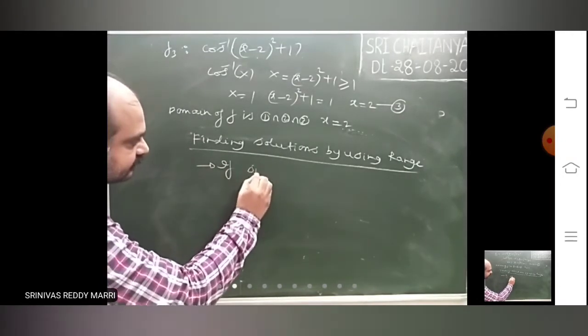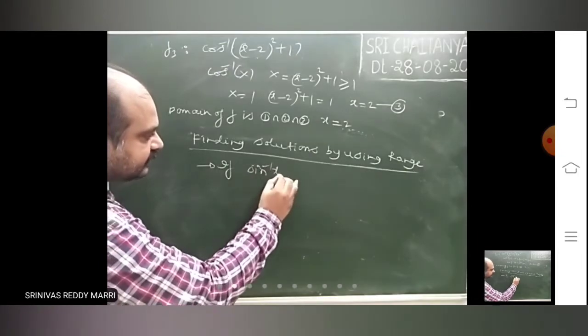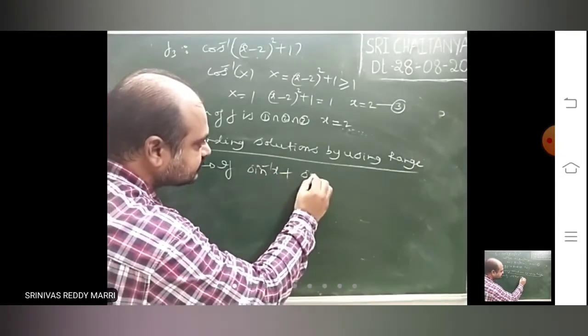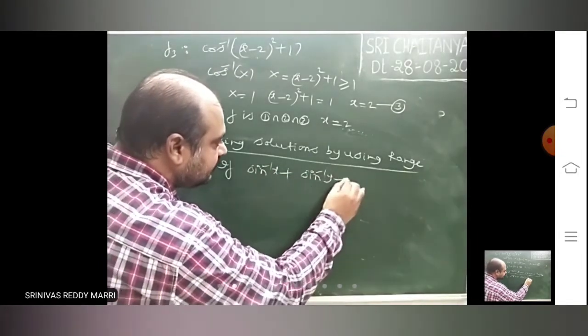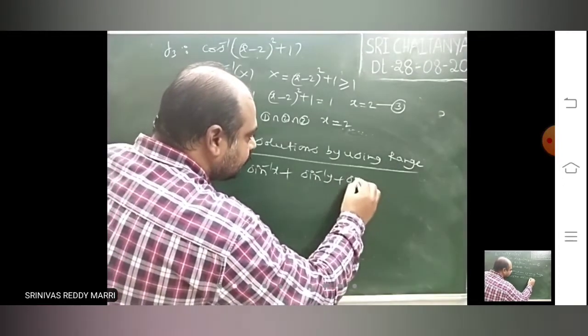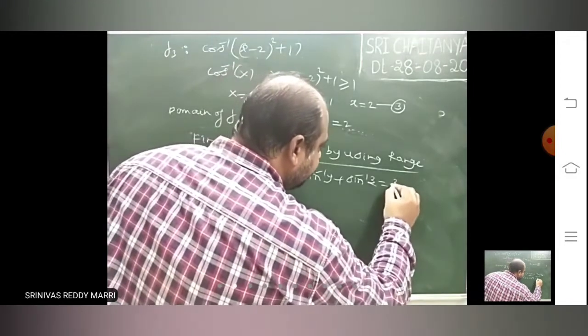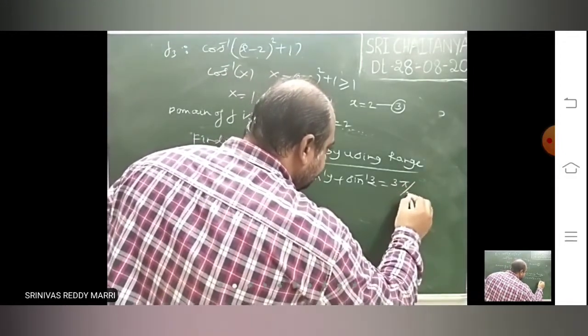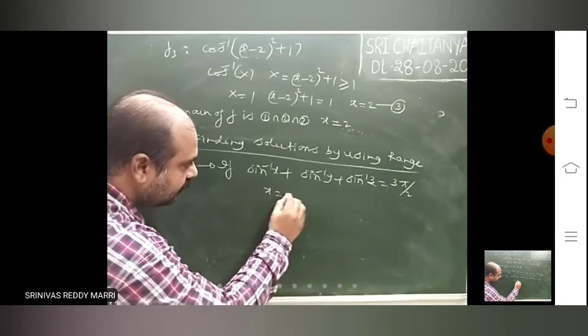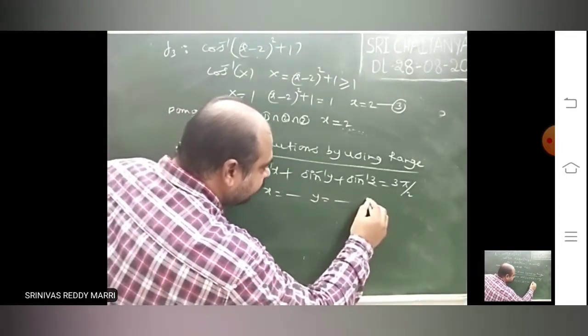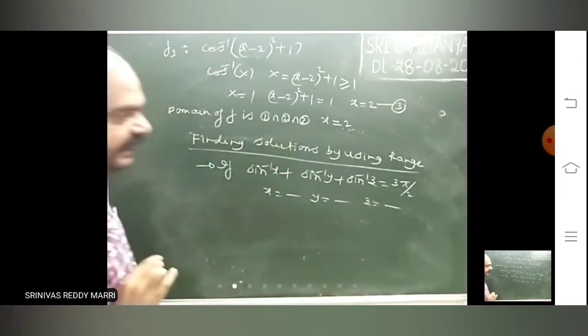Okay, but very easy. He will give like this: sine inverse x plus sine inverse y plus sine inverse z equal to 3 pi by 2. Then x equal to dash, y equal to dash, z equal to dash.